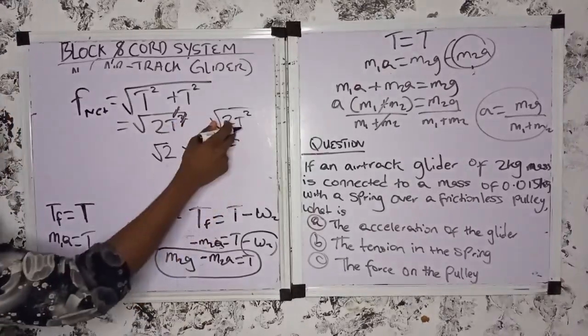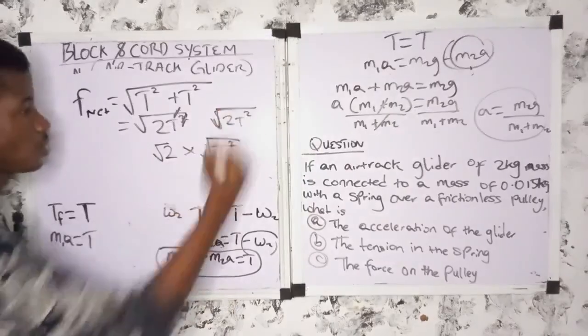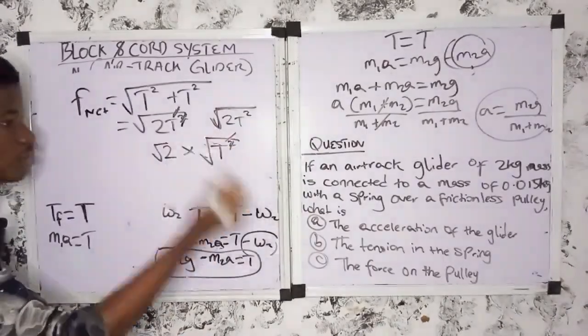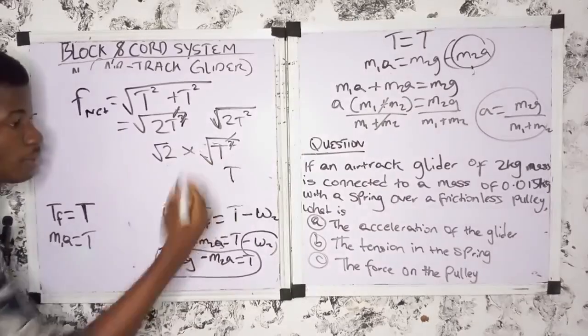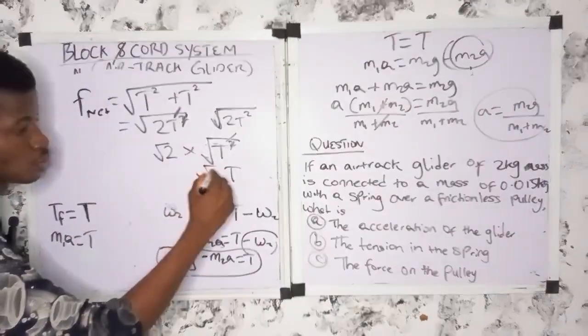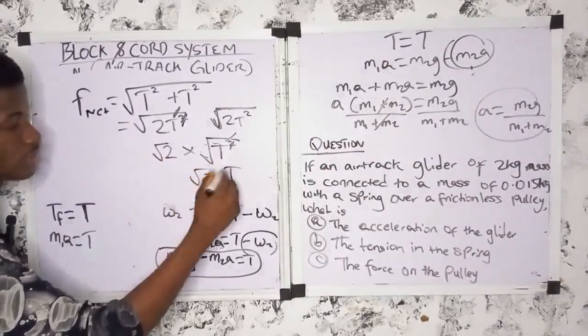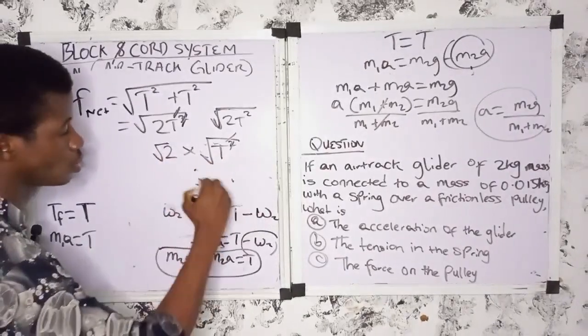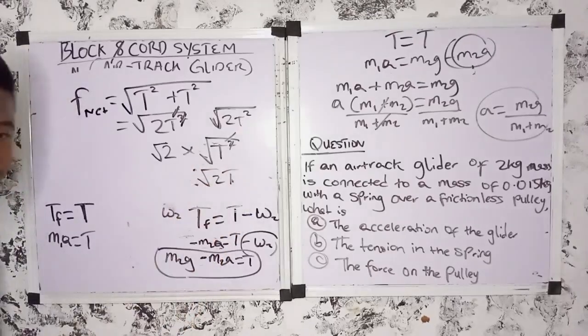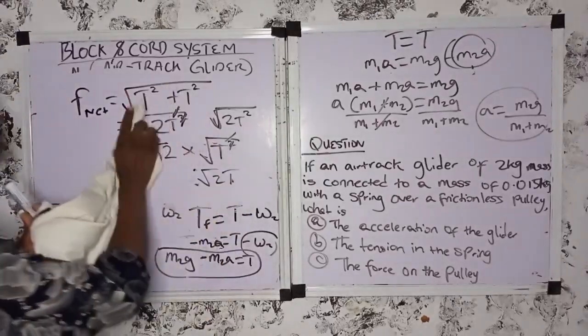This 2 is the same thing as this. If this one cancels this one, we'll be left with T. Remember, we still have root 2, and root 2 times T gives us root 2T. So let's do it again.